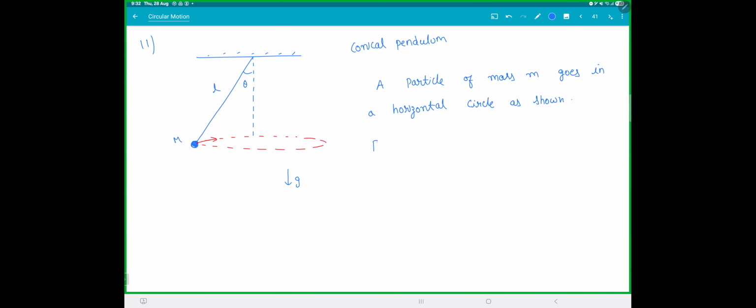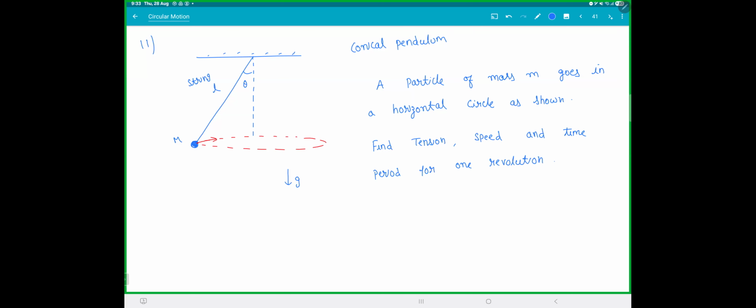Find the tension in the string, the speed of the particle, and the time period for one revolution. How much time will it take to complete one revolution? Okay, let's get this. Same story.